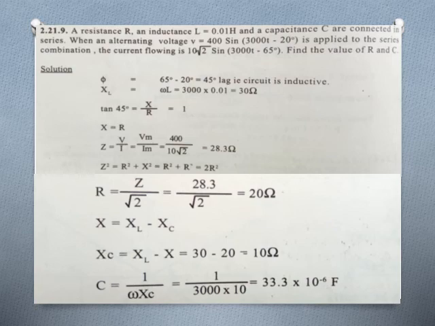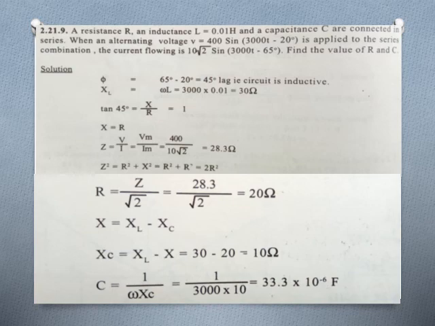So it is opposite side divided by the adjacent side. Net reactance X divided by the resistance R. We don't know whether it is XL minus XC or XC minus XL. Only from the phase angle we have assumed that the circuit could be inductive in nature. So we have taken the net reactance as X. Tan 45 degree is 1. We know it. So X by R is equal to 1. So X is equal to R.